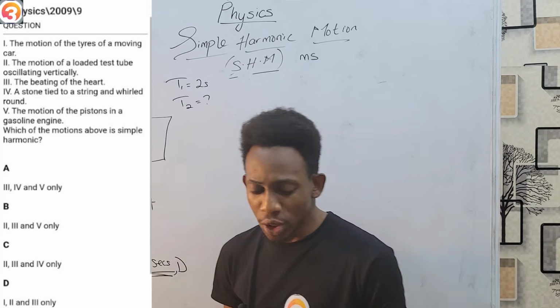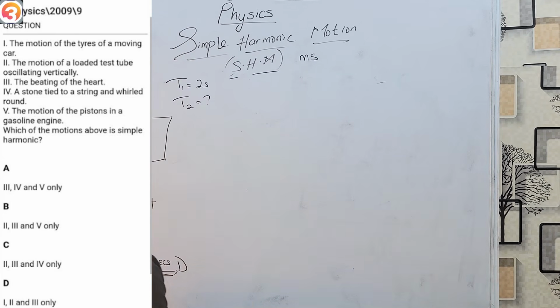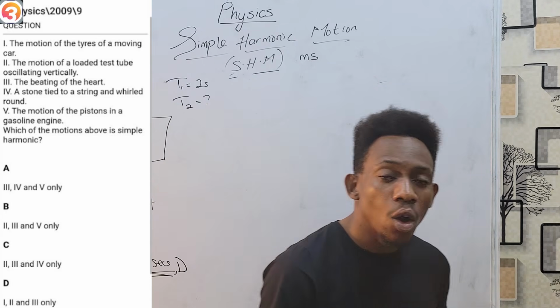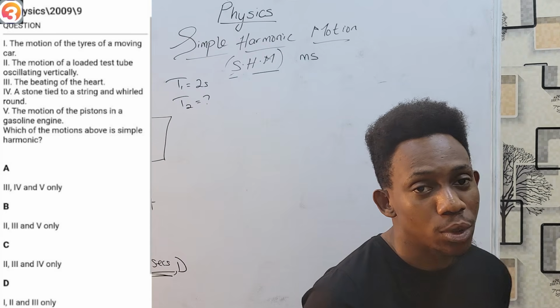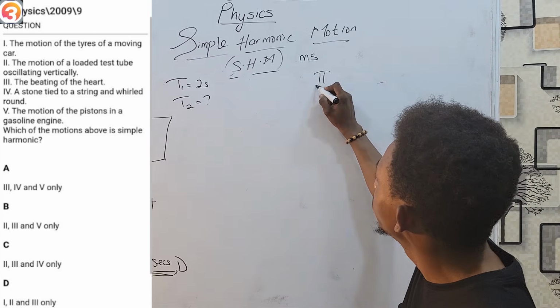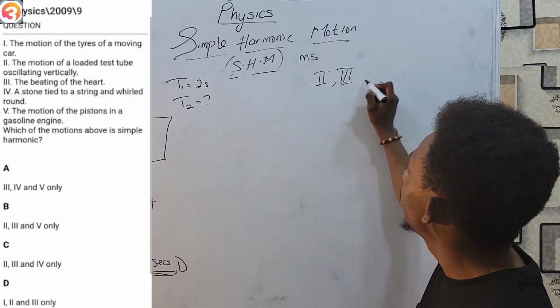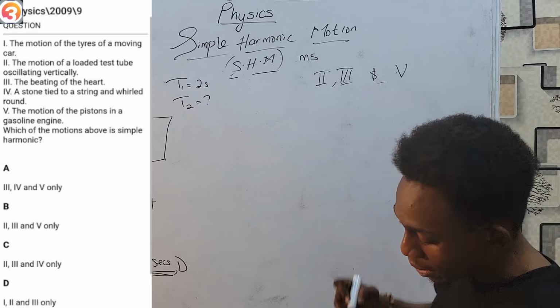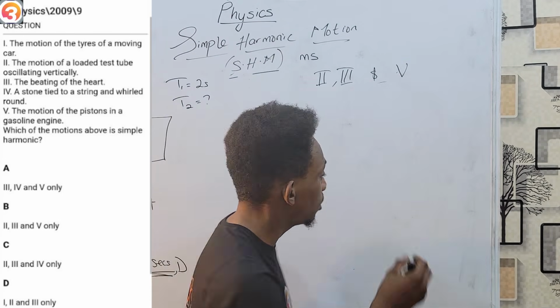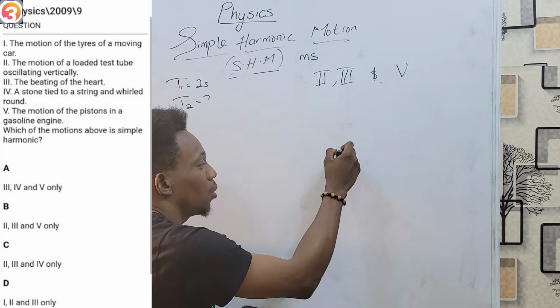Stone tied to a string and whirled round. That's circular. Then the motion of the pistons in a gasoline engine. Also simple harmonic and vibratory. Therefore, our answers must be 2, 3, and 5. Because again, the loaded test tube oscillating vertically is going up, down, up, down.